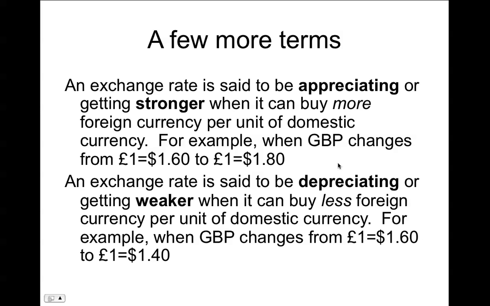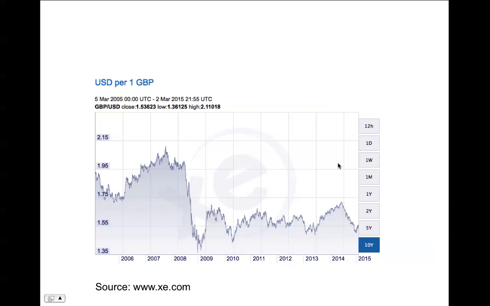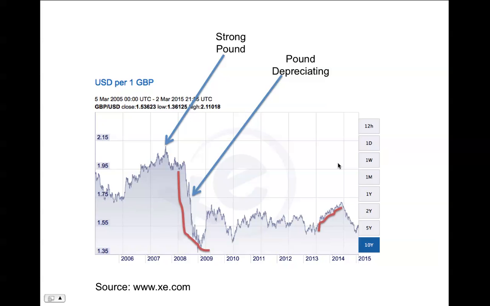And so when the pound goes from $1.60 to $1.40, we would say it's depreciating. If we look at that with the graph from before, we had a really strong pound in November 2007. Through this period here, it was depreciating. And then in that little period in 2013, 2014, we would say that there was some appreciation of the pound. Those are just the terms that you often find people use.